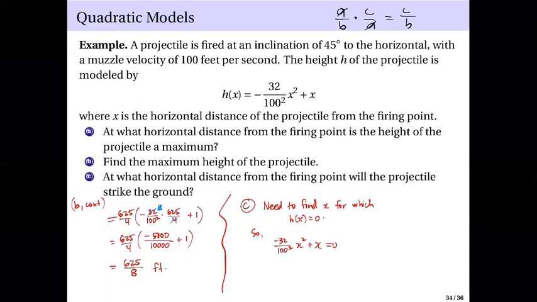You can factor out x, and you will get x times negative 32 over 100 squared x plus 1 equals 0. So either x equals 0, that's actually your starting point, or negative 32 over 100 squared x plus 1 equals 0.